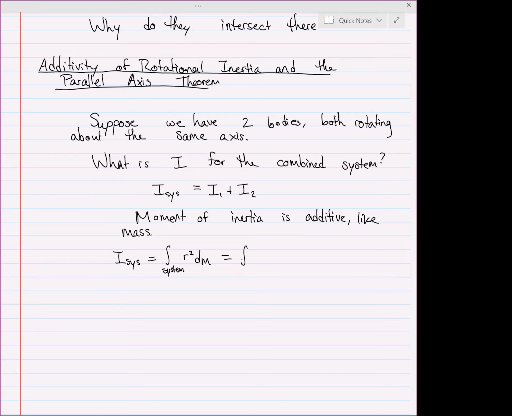So you could write this as the moment of inertia of body 1, the integral of r squared dm, plus the moment of inertia of body 2. And the important part is that those r's refer to the distance from the same axis. And then this is just equal to I1 plus I2. That's all. It's just saying that you can split integrals, which we all know is true.